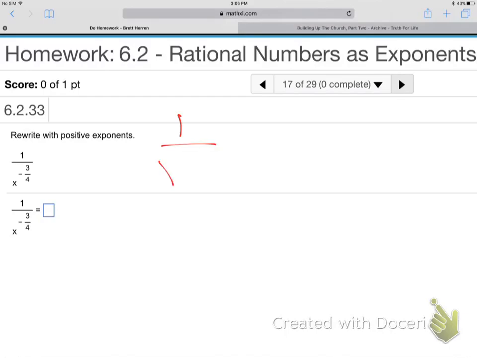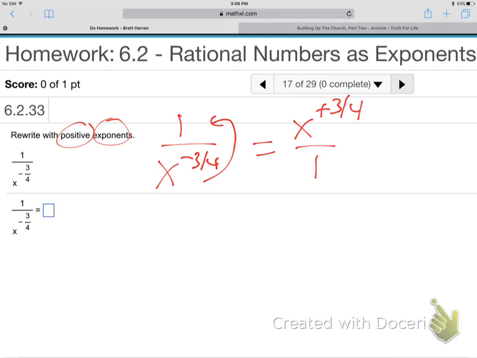So, negative power. Again, they want positive powers. So what's that negative power going to do? He's going to make it jump to the top. So this one's unhappy on the bottom. He'll jump up to the top and then become happy, positive. And you can put a 1 on the bottom if you want, but we never leave 1s on the bottom, do we? We leave 1s on the top.